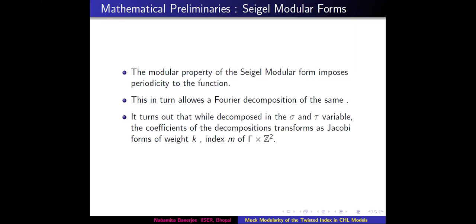Once I know what sort of transformation properties it satisfies, what is non-trivial is that one can actually check that these coefficients are themselves richer and they're actually Jacobi forms. This statement is non-trivial, and once we identify the subgroup properly, this part can be proved. The 2 pi i sigma, yes, it is a 2 pi i sigma.